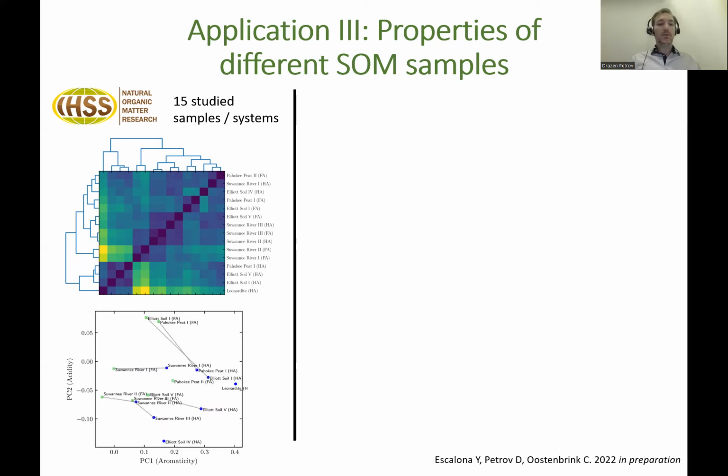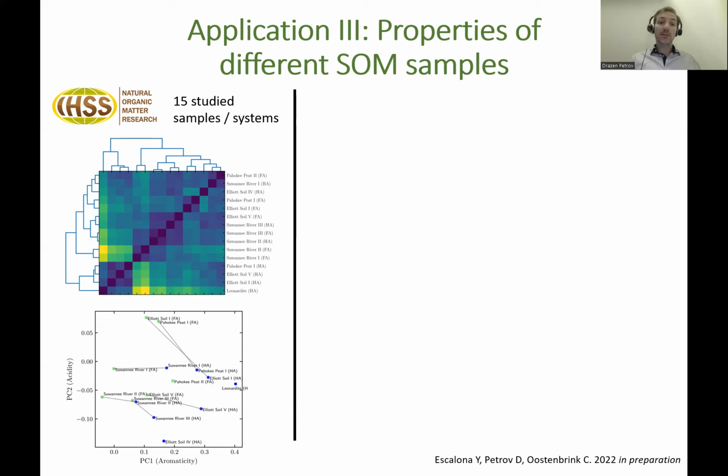On top of this, we did principal component analysis to see where the differences are coming from in composition. And what this analysis shows is that aromaticity and acidity, or in a way the carboxyl content, are the two major properties that describe the differences in the composition.